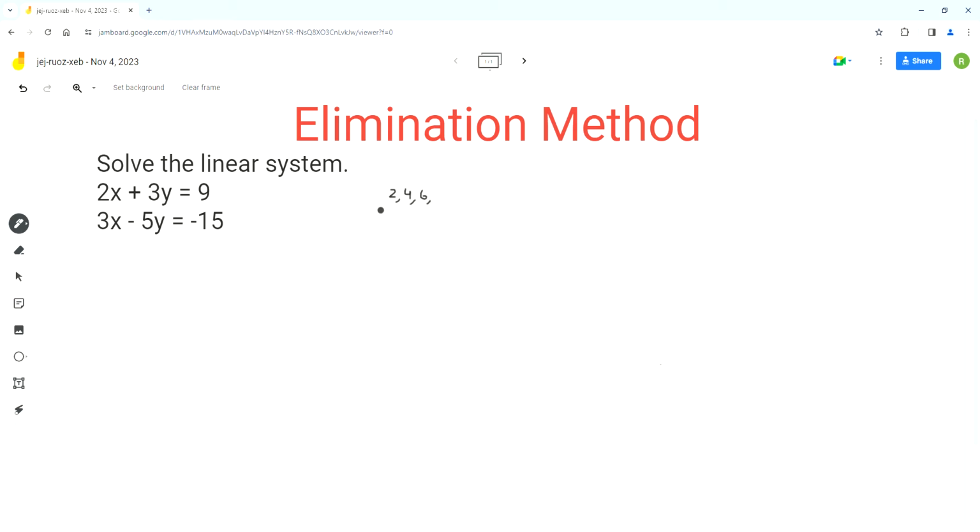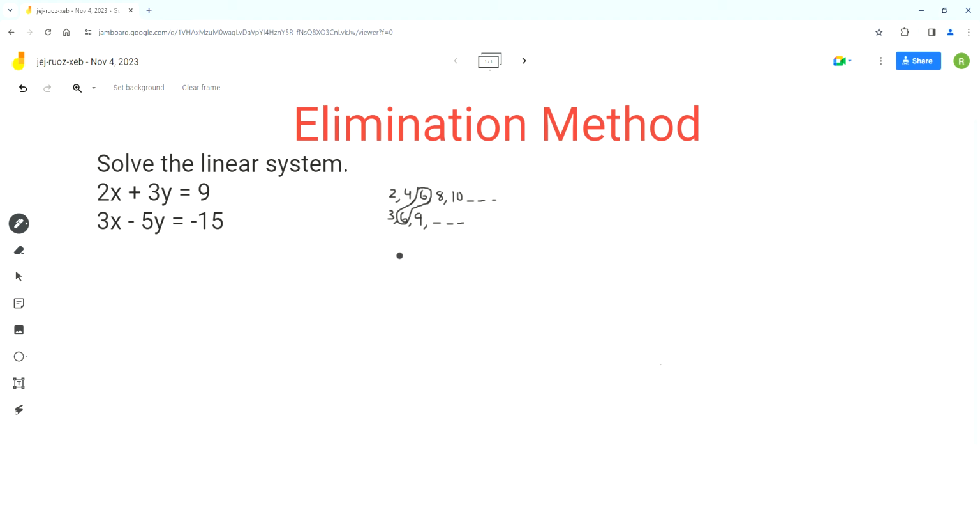So if we do skip counting by 2, we get 2, 4, 6, 8, 10 and so on. And if we do skip counting for 3, we get 3, 6, 9 and so on. So the smallest number that appears in the times tables of 2 and 3 is 6.